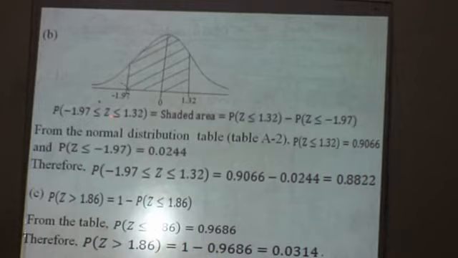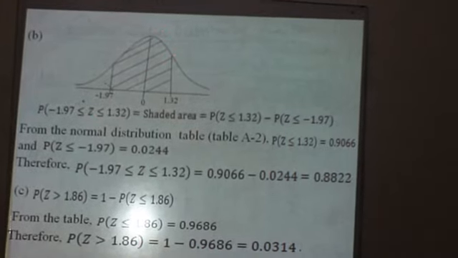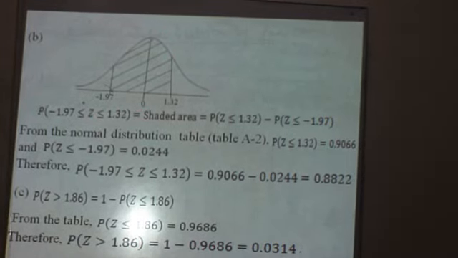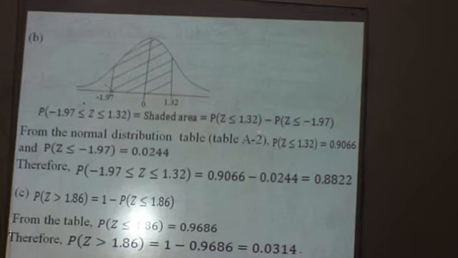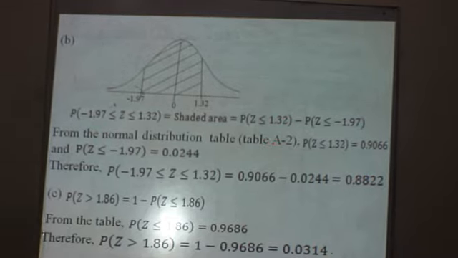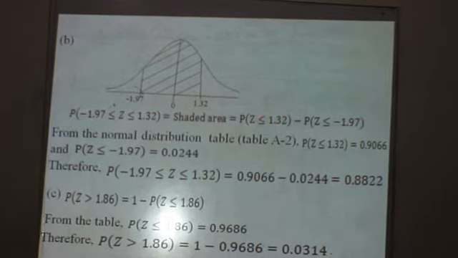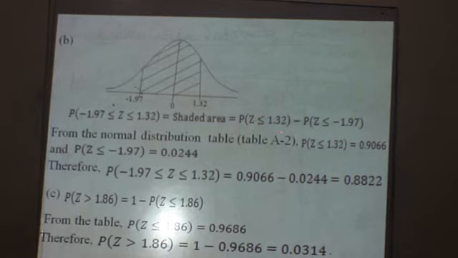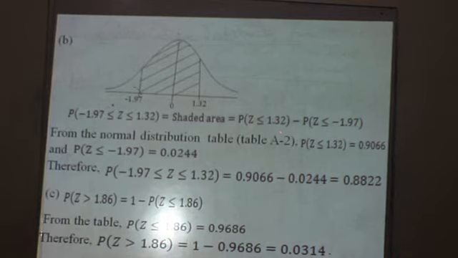With this, it will give us the shaded region. Hence, mathematically, we get the probability of Z less than or equal to 1.32 minus the probability of Z less than or equal to negative 1.97.